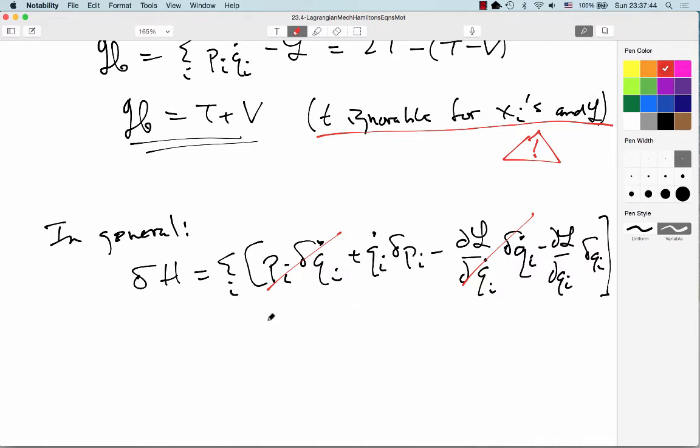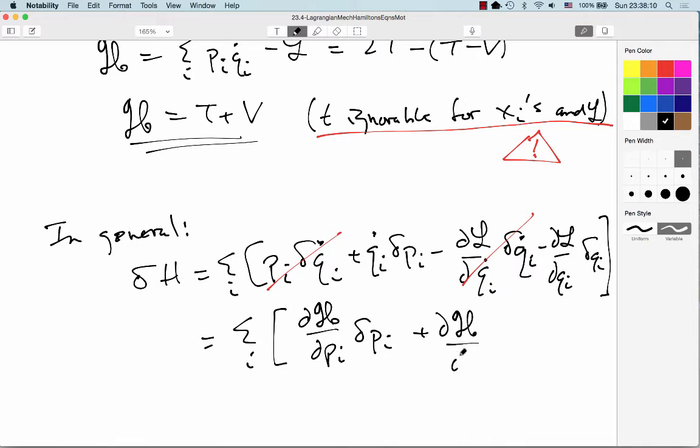It's also true that it's got to be equal to sum over i of partial H partial p_i times the variation of p_i plus partial H partial q_i times the variation of q_i.